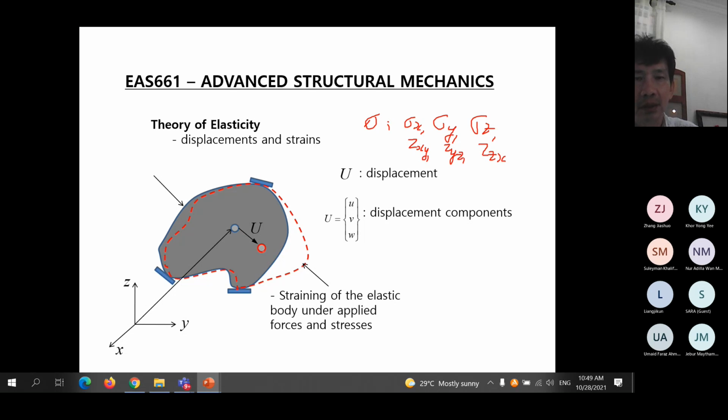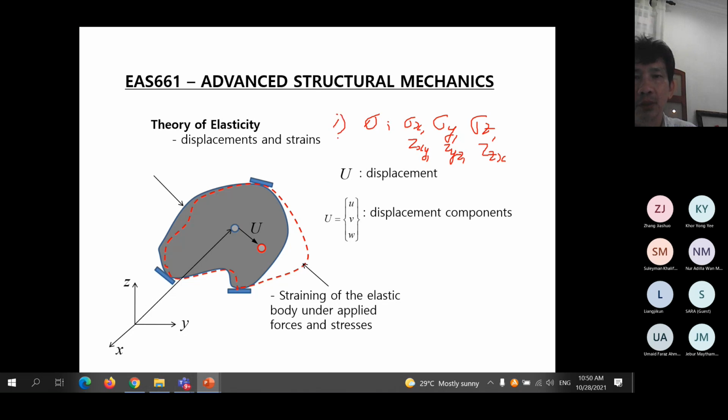The vector which represents the movement from before applied loading to after applied loading is what we call the displacement vector U. Introducing the coordinate system X, Y, and Z, the displacement is a vector, so it has 3 components that we write as U, V, and W. So this is the second set of variables that we need to determine.